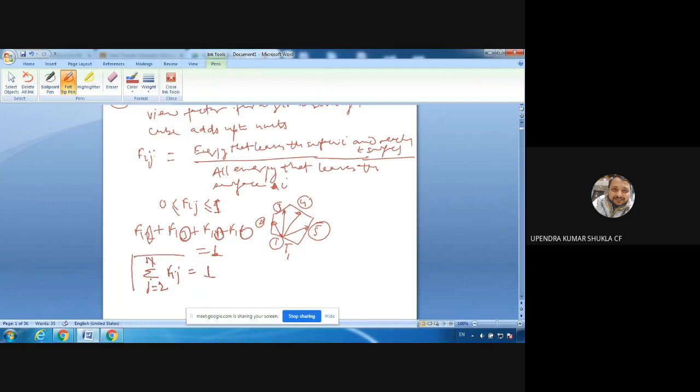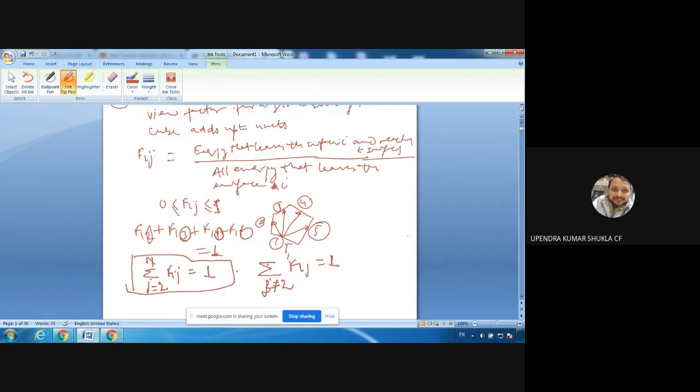This is called the summation rule. So we are summing over J. For surface 2, you will take 1, 3, 4, 5, all surfaces except 2. That means J could not be equal to 2, and the summation of Fij will equal 1 for an enclosure.